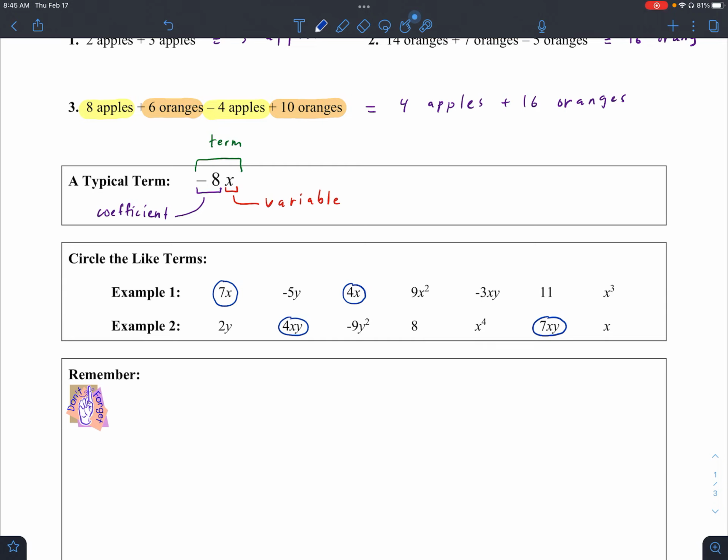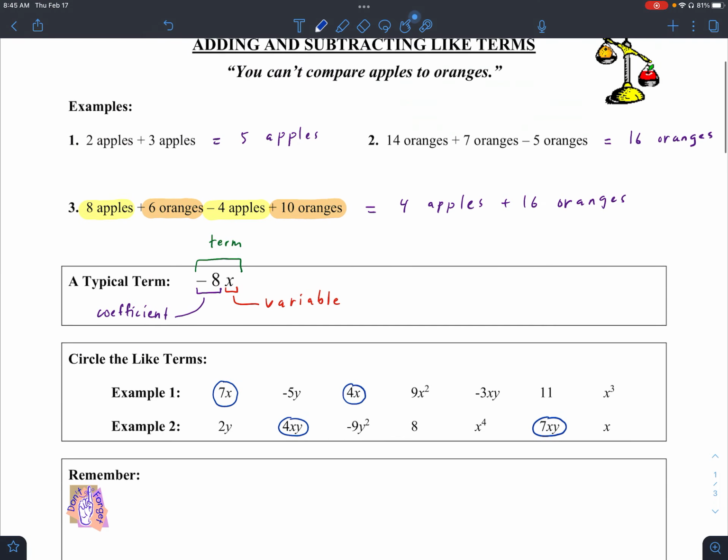They have the same combination of variables, and those variables have the same exponents. Each variable has an exponent of 1. It's just not written. Notice the coefficients are different, and that's fine. Like terms do not need to have the same coefficient. They just need to have the same variable or variables and same exponents on those variables.